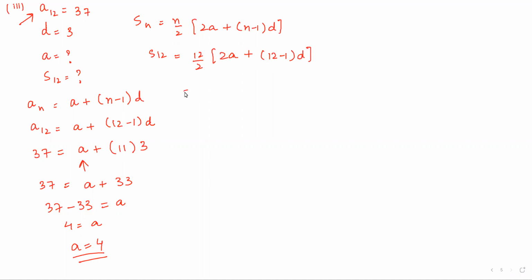Now put A and D. So 6 into 2 into 4 plus 11 into 3. Now this is 6 into 2, 4, 8 and plus 33. So that is 6 into how much? 8 and 3 is 11 and 41. And then 6 into 1 is 6, 6 into 4 is 24. 246.